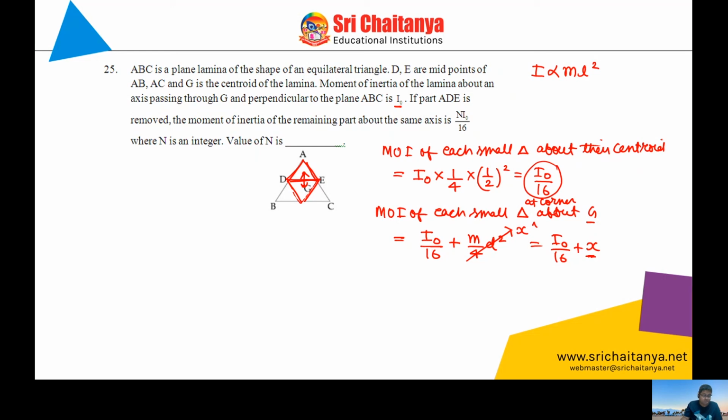So when we collectively add the moment of inertia of the triangles at the corners and the triangle at the center, I must get I naught. So the moment of inertia of the middle triangle is I naught by 16, and for all the corner triangles I have got I naught by 16 plus x, and there are three such triangles, so into 3, and that combined gives us I naught. That is about an axis passing through G, and this allows us to find the value of x here.